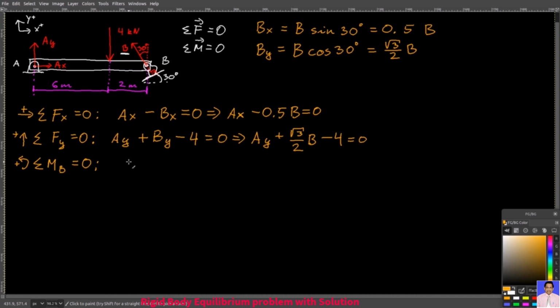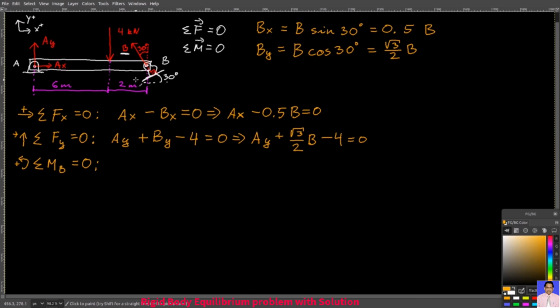Remember, I can take my moments about any point I want. So it makes sense to me to choose a convenient point. Point B is very convenient because the lines of action of Ax, Bx, and By go through point B. So their moment arm, and therefore the moments caused by those forces, are 0 kilonewton meters.